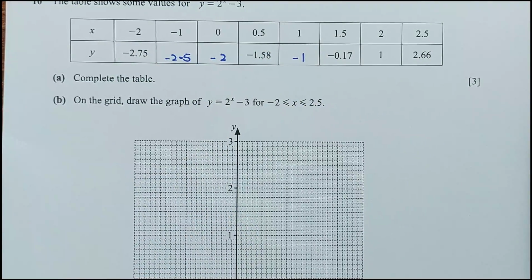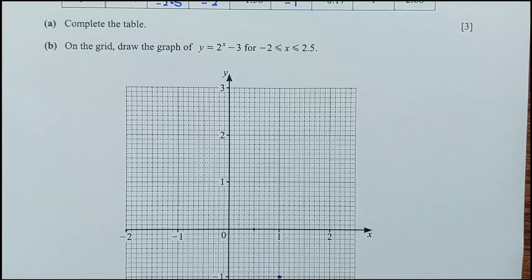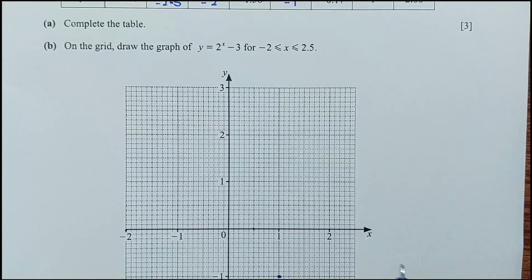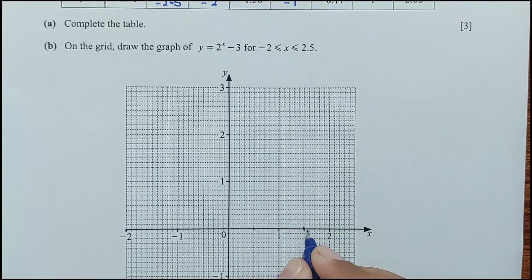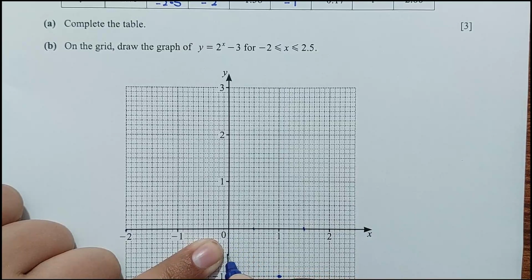For 1.5, minus 0.17. x is 1.5 and y is minus 0.17. We have 0, 0.1, 2, 3, 4, right? So it is closer to 0.2, 0.17 we can say.